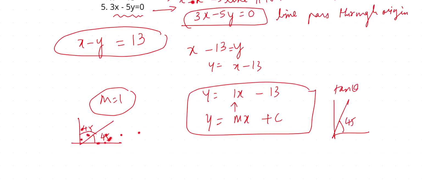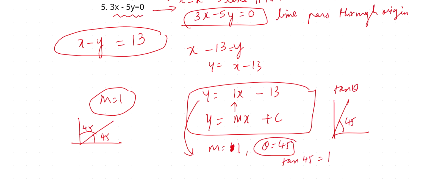This line y is equal to 1x minus 13 has m equal to 1, and theta is 45 degrees. The angle or the inclination is 45. So tan theta will be tan 45, which is 1. If the slope is 1, it means the inclination is 45 degrees. And if it's making 45 with the x-axis, it's also making 45 with the y-axis.